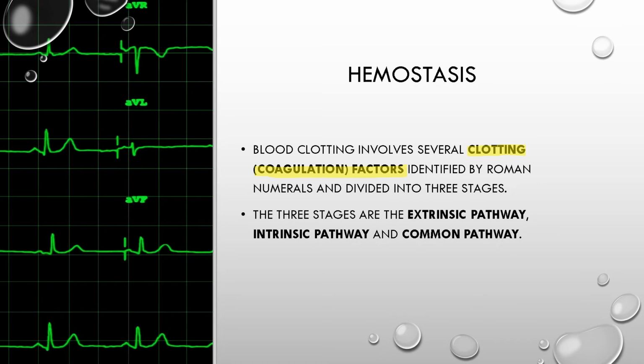And these clotting factors are identified by Roman numerals that indicate their order of discovery. It's kind of weird how they're numbered. They're numbered in the order that they were discovered, not necessarily by the order of their participation in the clotting process. So it's a seemingly random numbering of these clotting factors, but we'll see that in the next slide.